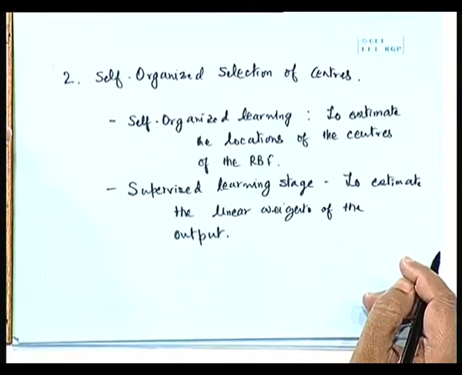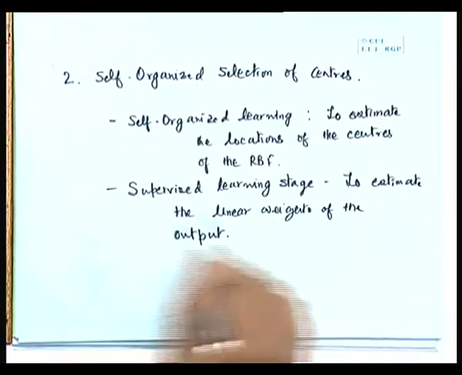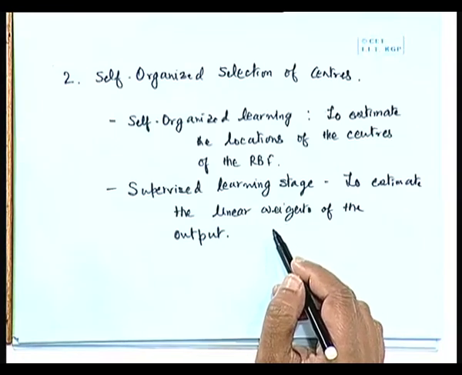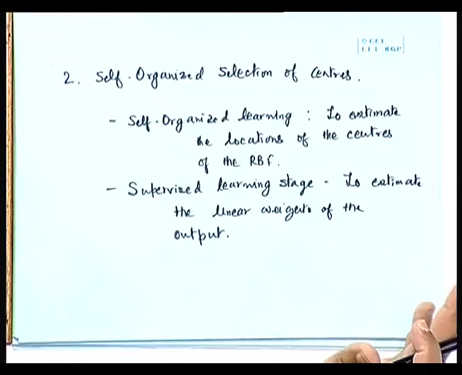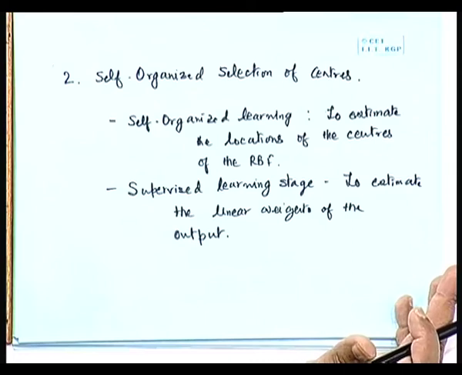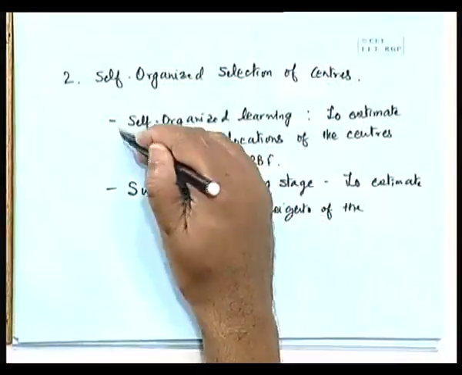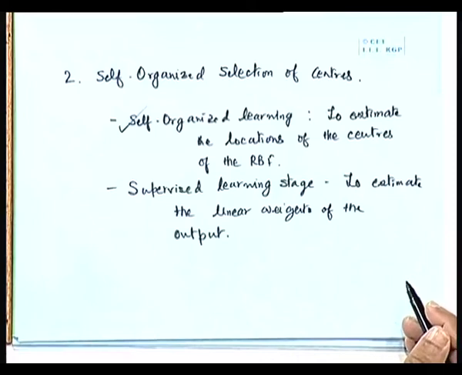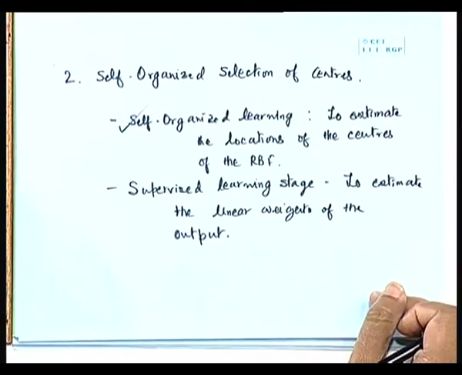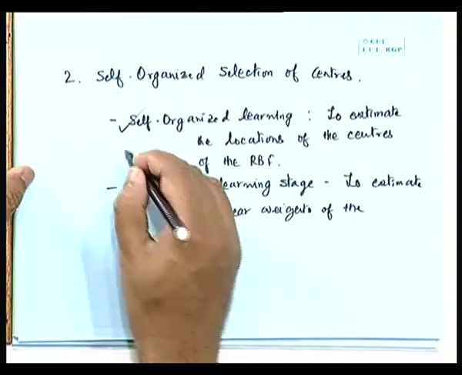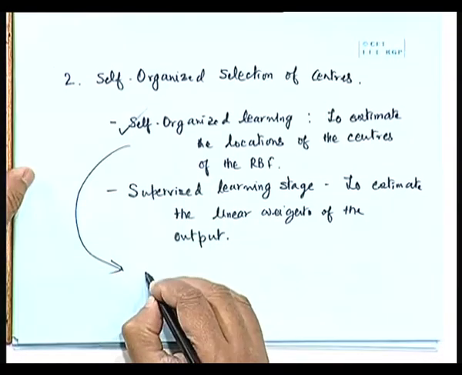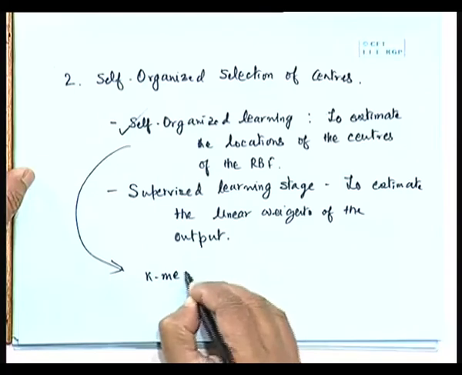We know how the supervised learning stage in the second one is carried out, because that is our very standard LMS algorithm, which will be used for the second one. But what is important for us to know is the mechanism of this self-organized learning, that is, to estimate the locations of the centers, and this in fact is done by the k-means clustering algorithm.